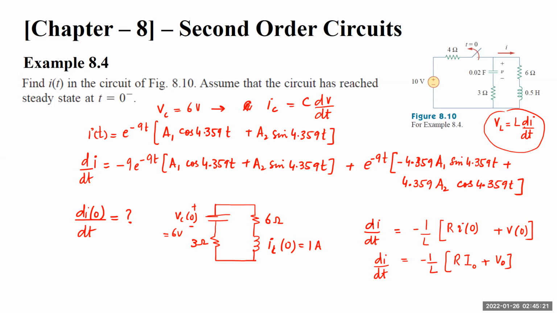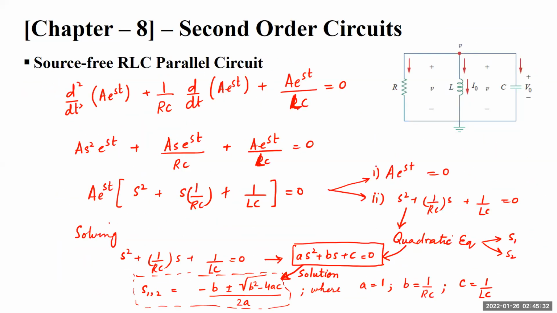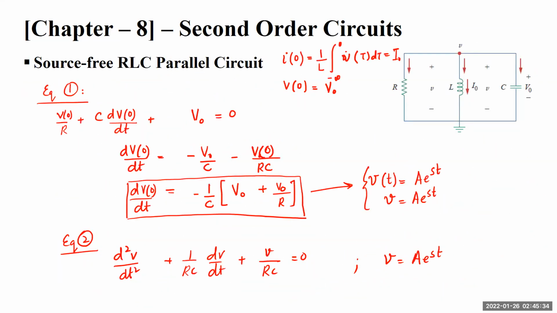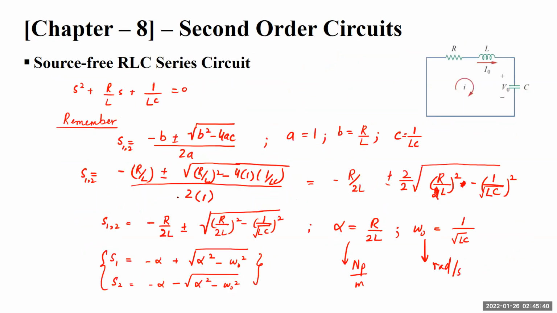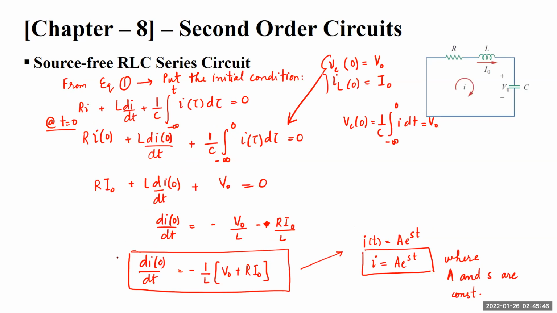Okay, so we found out this thing. Let me take you to that particular slide as well. If we go and check our previous lectures, this is the initial condition part which we developed for the parallel RLC circuit, and similarly we developed the same equation for the series RLC circuit.